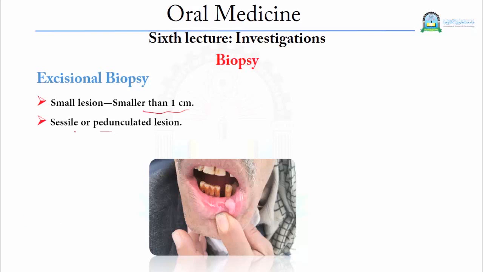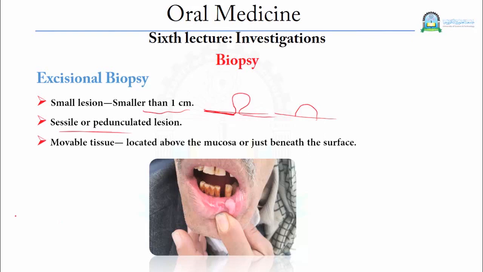Sessile or pedunculated lesions: the sessile lesion has a wide base, and the pedunculated lesion has a neck at the base of the lesion.